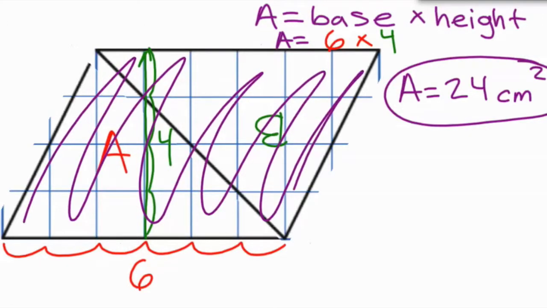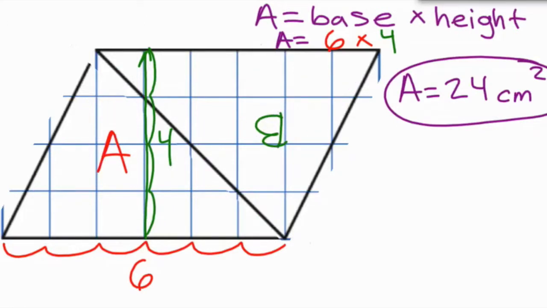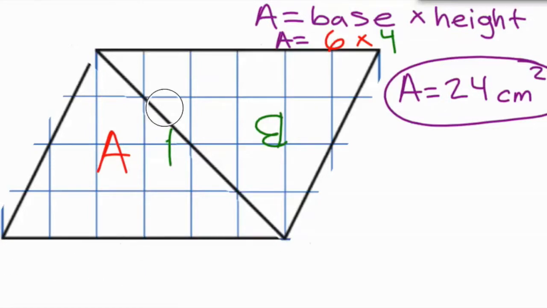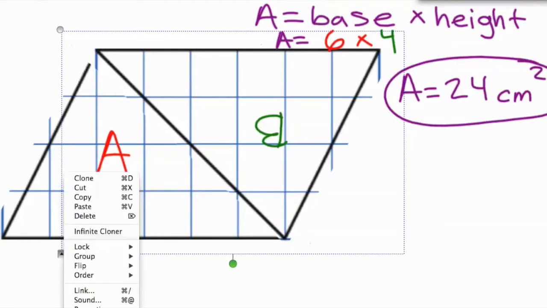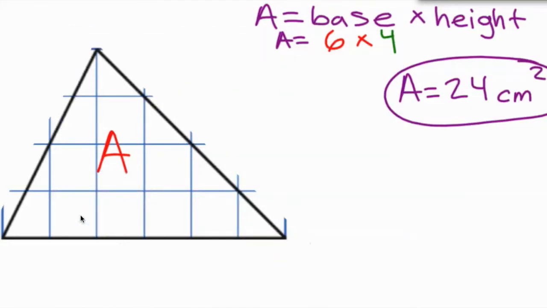What would be the area of triangle A? Because 24 square centimeters is the area of the entire parallelogram. What if we removed triangle B and took a look just at triangle A? Let's go ahead and delete triangle B at this time, and let's see if we can make any connections. Take B and let's delete it.